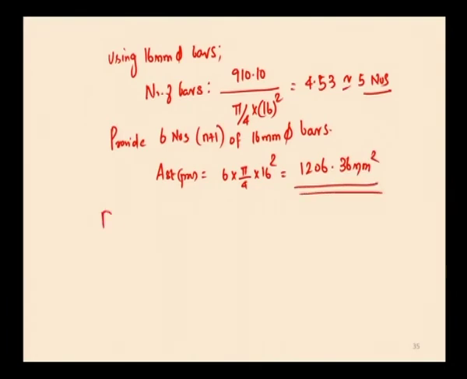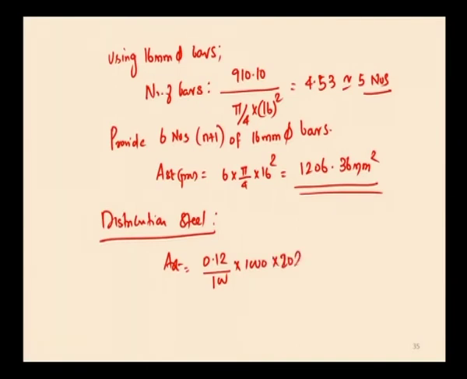Now, we need to find out the distribution reinforcement. Distribution steel, that is Ast is equal to 0.12 percentage of gross area of concrete, into 202, that is equal to 242.4 millimeter square. This is the area of distribution steel.